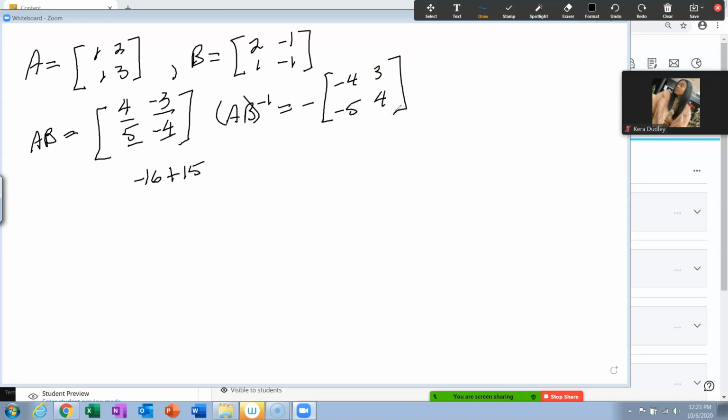Okay, so we found AB inverse. Now, the next thing it said is find A inverse times B inverse. Well, let's do A inverse first.